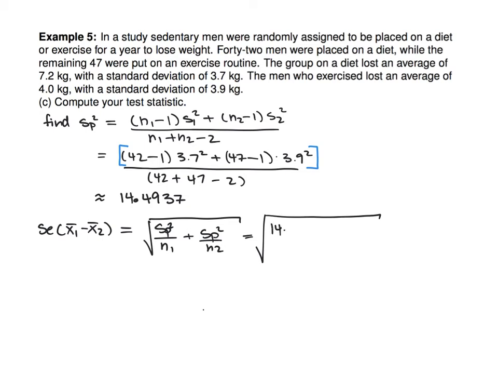So that's the square root of 14.4937 over N1, which is 42, plus 14.4937 over 47. It's about equal to 0.80837.